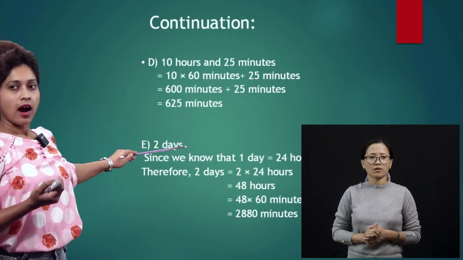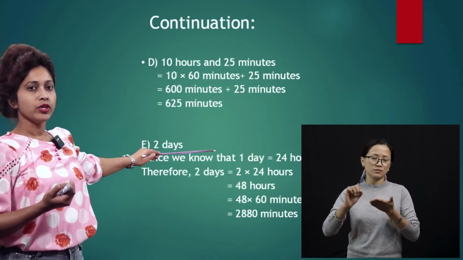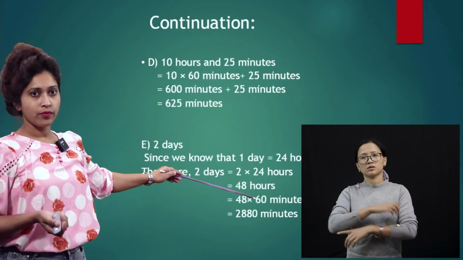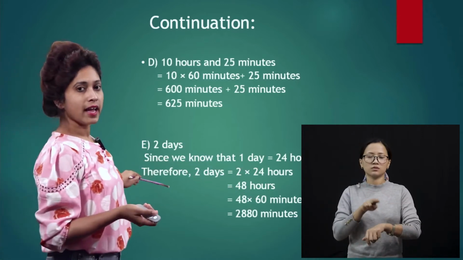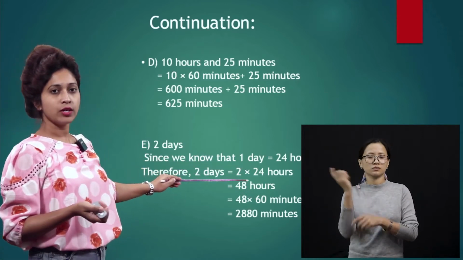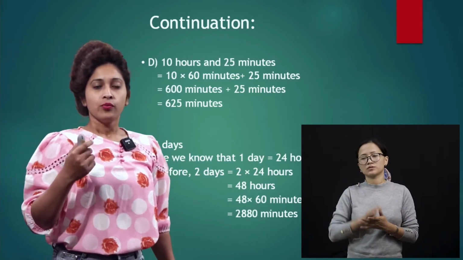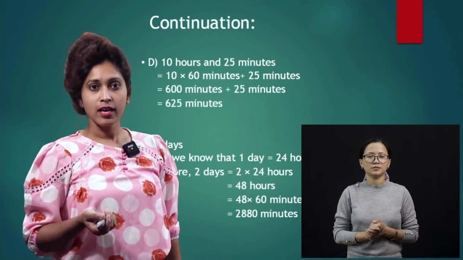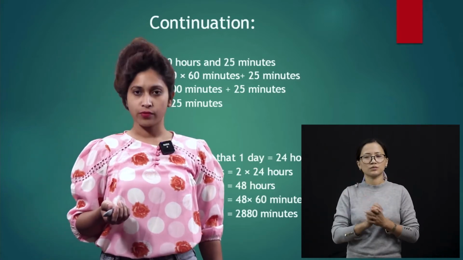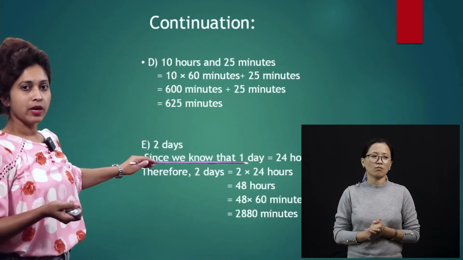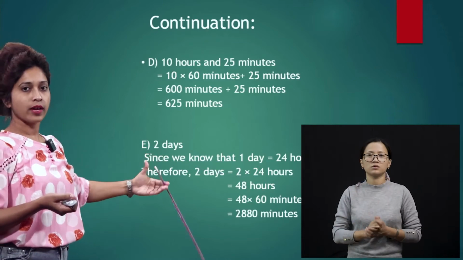So, what do you have to write here? We know that 1 day is equal to 24 hours, right, children? And then you have to put 2 days equal to 2 into 24. Since we know that 1 day equals how much, children? 24 hours. That is why you need to multiply with 24 here, right?